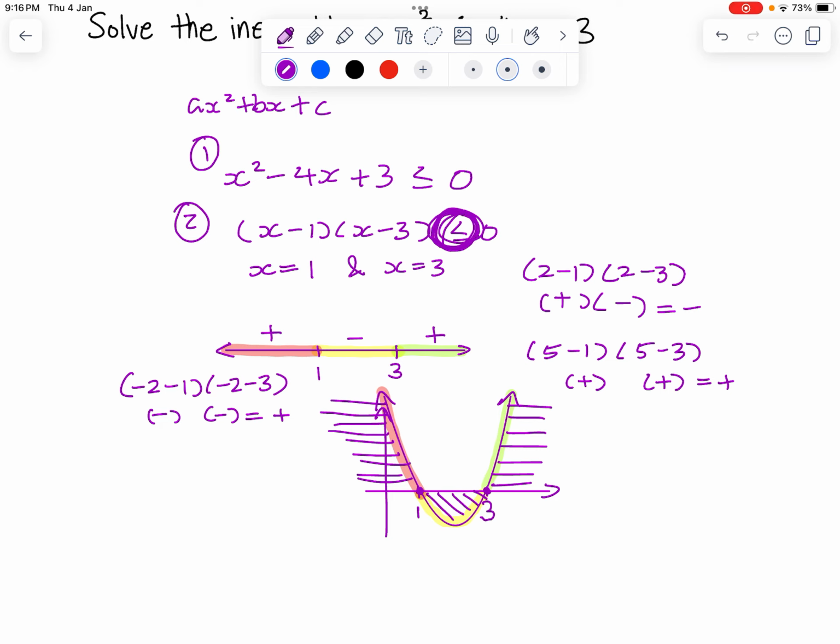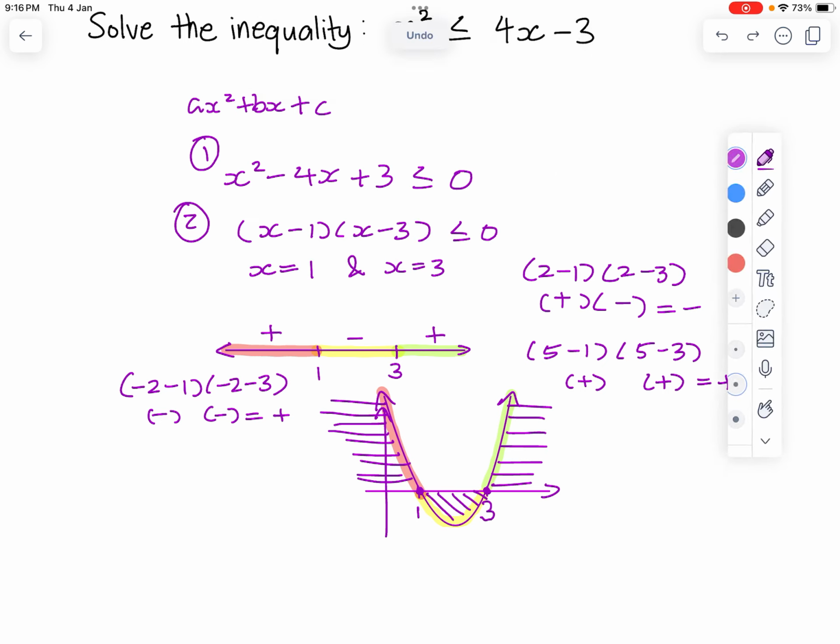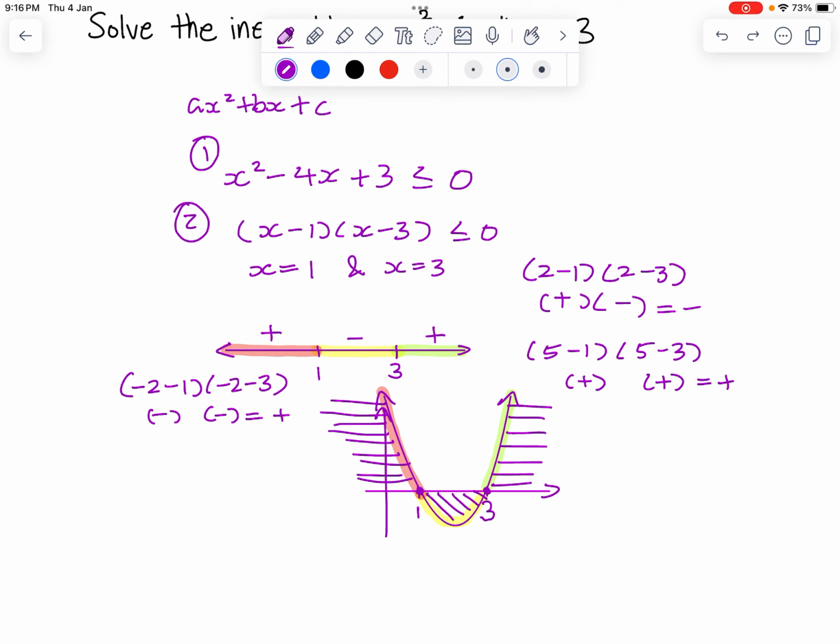So now, before I said you don't really need to care so much about the inequality, but towards the end, it is very important to note the inequality sign. So we have this equation here has to be less than or equal to 0. So that means the equation has to be negative, right? It's less than or equal to 0, which means it has to be negative.